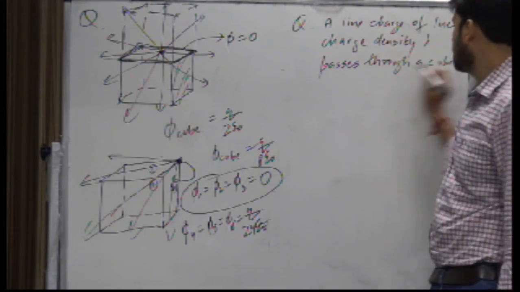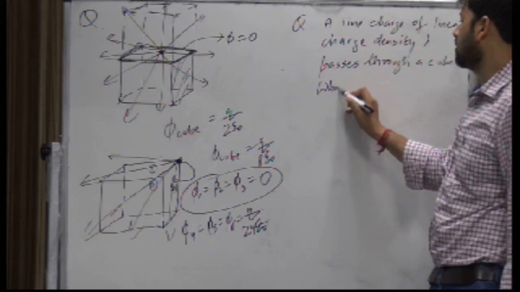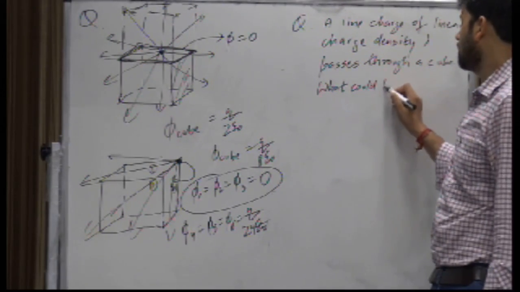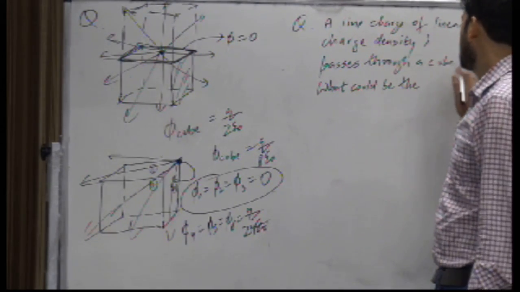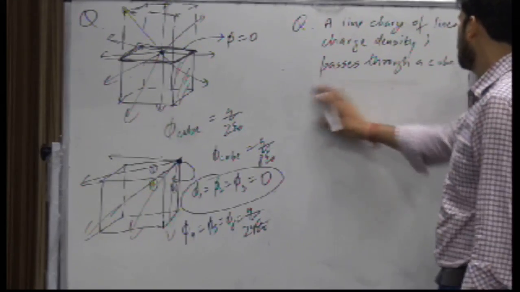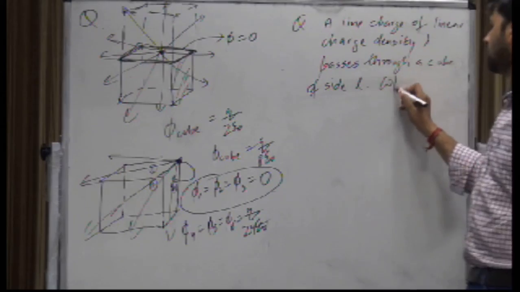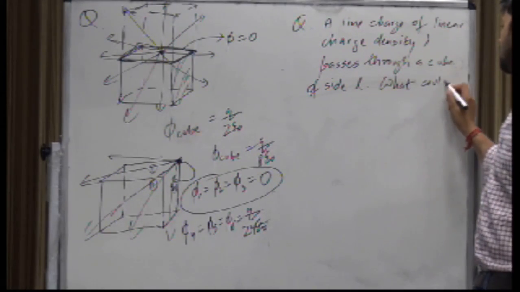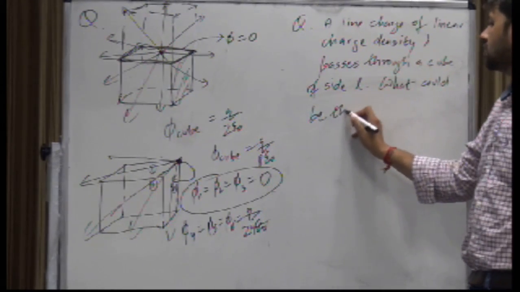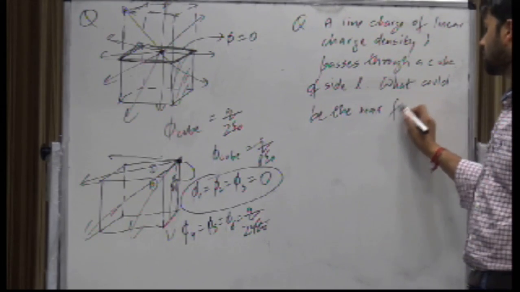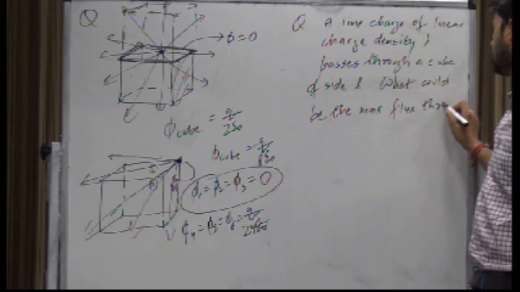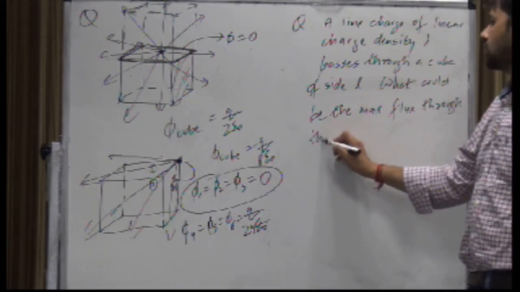Okay? What could be the cube of side L? What could be the max flux through the cube?